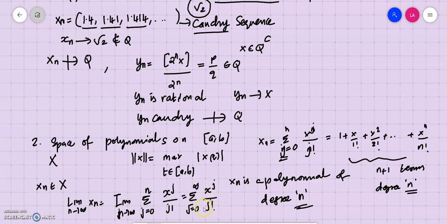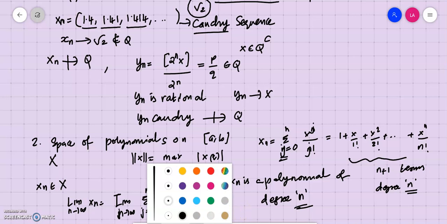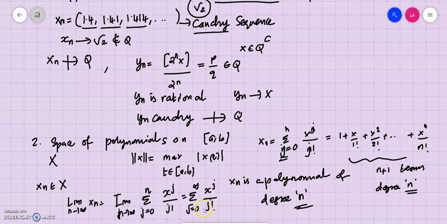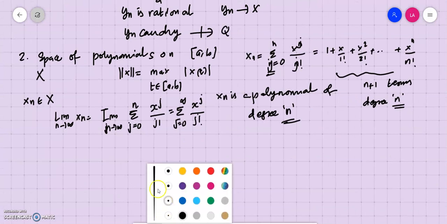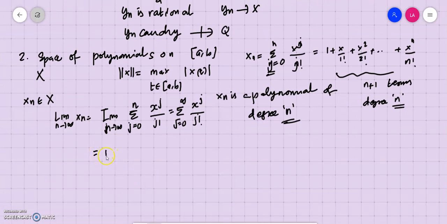This is what we get. We already know that this value is 1 plus x by 1 factorial plus x square by 2 factorial plus etcetera, which keeps going on, and is actually e raised to x, which is not a polynomial.